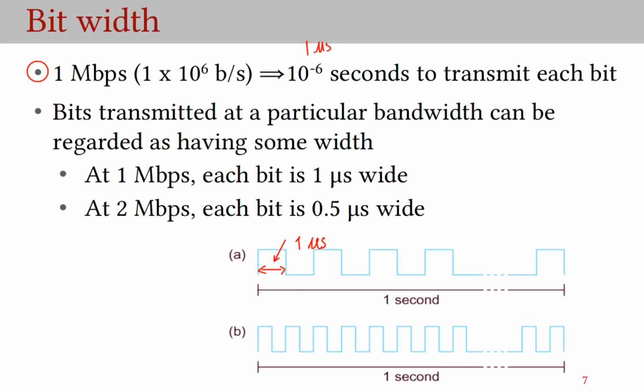As bandwidth increases, the link fits more and more bits in 1 second interval, which causes the bit width to shrink. Thus, bit width on a 2 Mbps link is half microsecond, and that on a 4 Mbps link is a quarter microsecond, and so on.